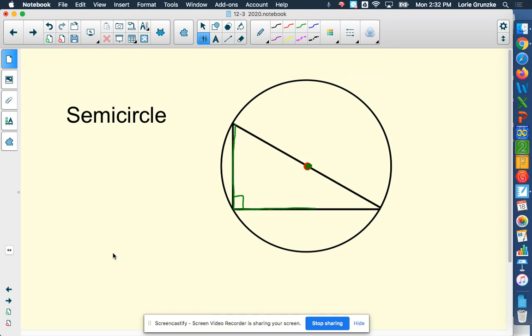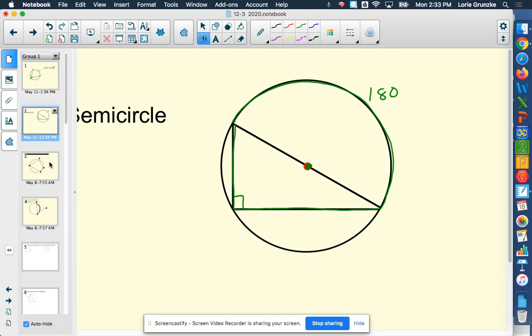This angle makes this great big arc. If this is 90, the arc is double, that's 180. The shortcut is to realize that if it goes right through the center, if it's the diameter, this is always 90 degrees. So they don't have to tell you it's a 90-degree angle.